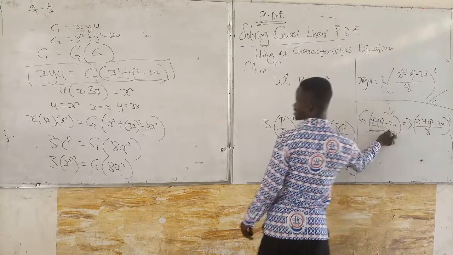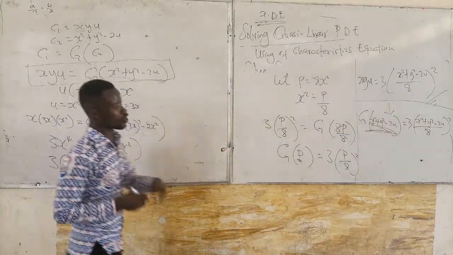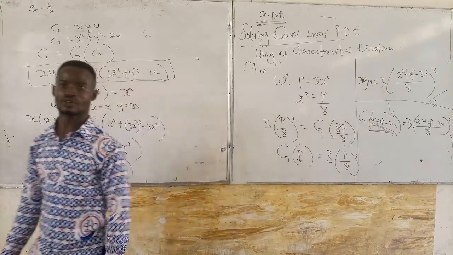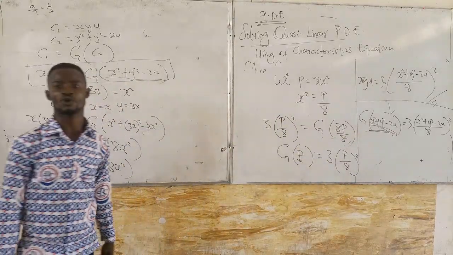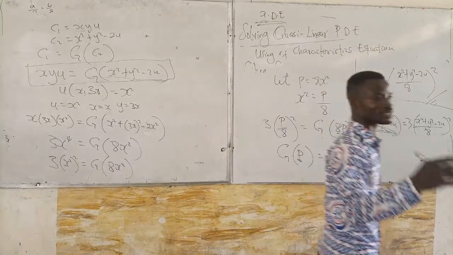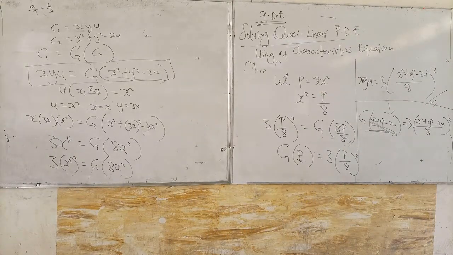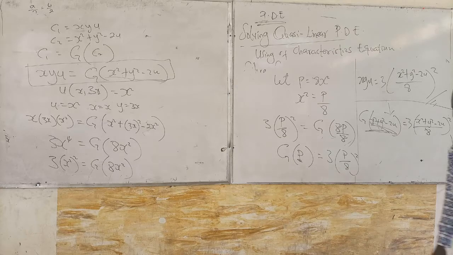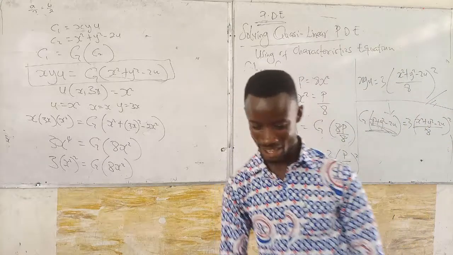And what is this? After getting this, we just do substitution here into the general equation. The general equation is always the focus. I hope you are getting it. You can do it that way. It's still the same thing, because this is defined. And that is the final answer for that.